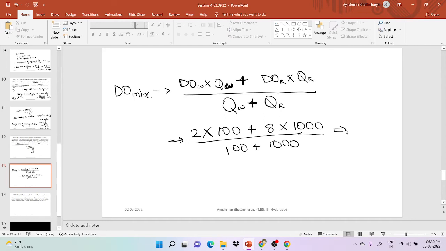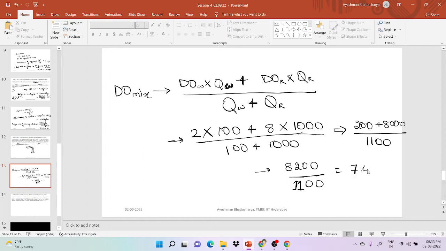If you calculate it, it will be 200 plus 8000 divided by 1100. So finally 8200 divided by 1100, which comes out to be 7.45 milligram per liter. So the DO of the mix we got is 7.45 milligram per liter.